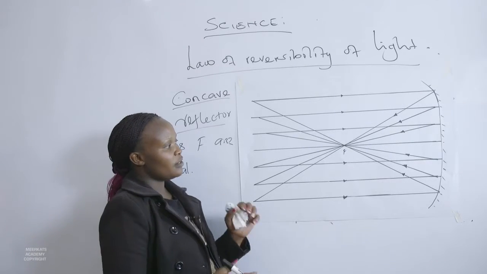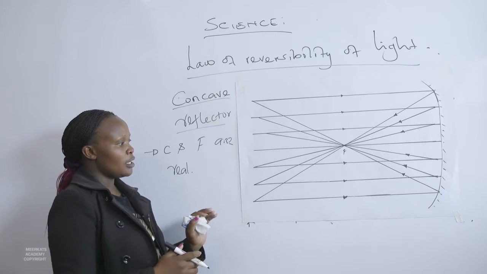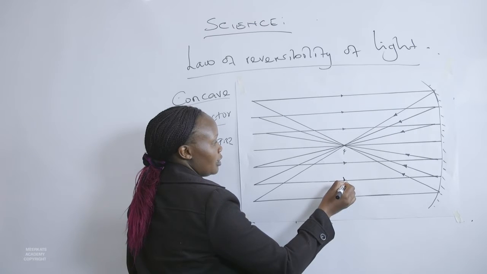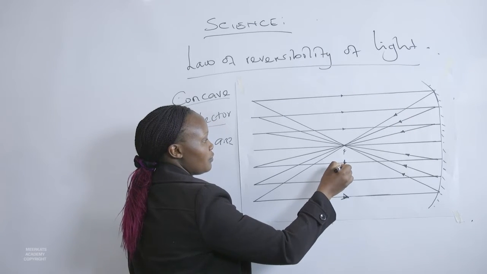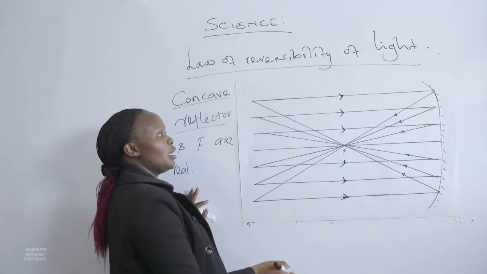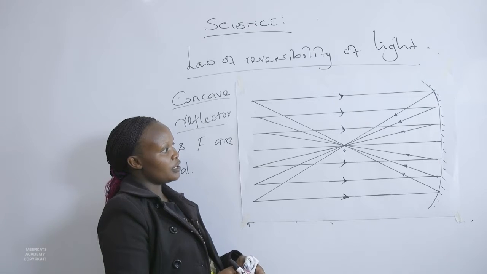Suppose we reversed the direction of travel of our light so that now the rays that we have are incident to the reflecting surface and parallel to the principal axis, like we have in the diagram.